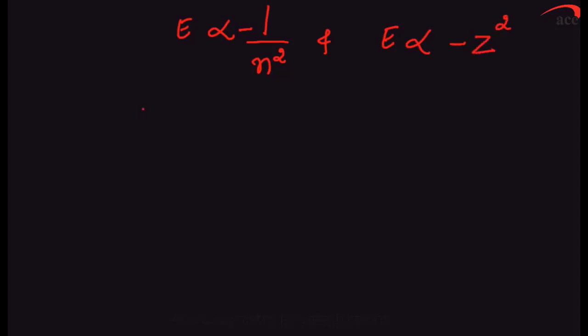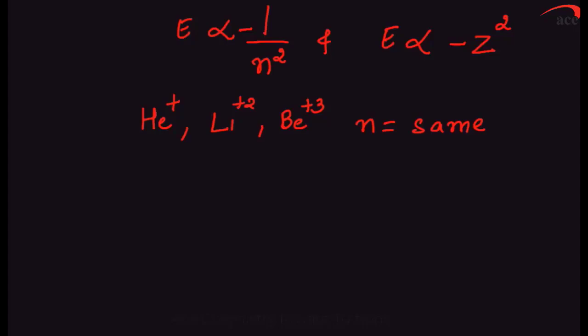Suppose I give you isoelectronic species, and let's assume that their n value is same. So how do we calculate energy? Well, energy is directly proportional to minus Z square.